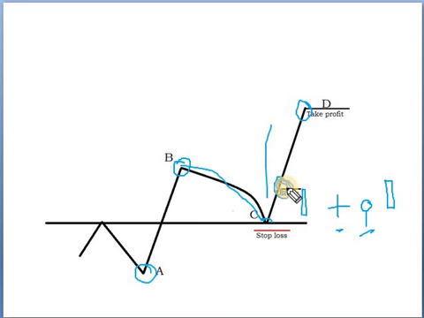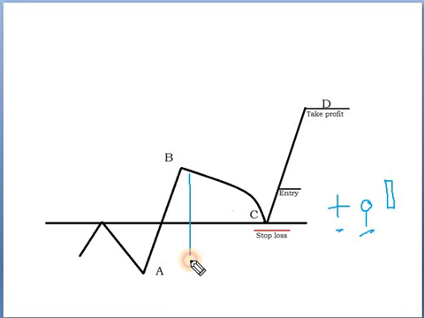So more likely we're going to take our entry at this level. Then we go up to point D. But the question is, we don't know where our point D lies, right? Yes, it is actually not that tough to find out. You just have to measure the length of this arm, and the CD arm should be very similar to this arm as well.